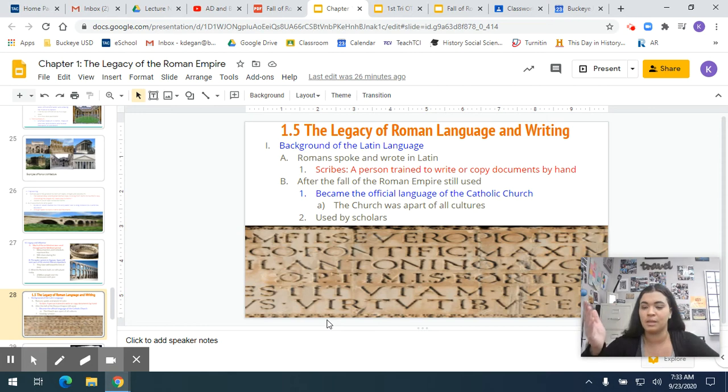Especially, for example, in England, they would have spoken Old English, but they would have read in Latin, and the only people trained to read in Latin would have been the members of the church. So that just created a lot of interesting things that we'll talk about later. But the church was a part of all cultures, which means that Latin is a part of all cultures. A lot of the Western world finds their roots of language in Latin.